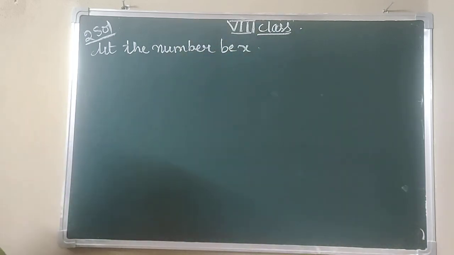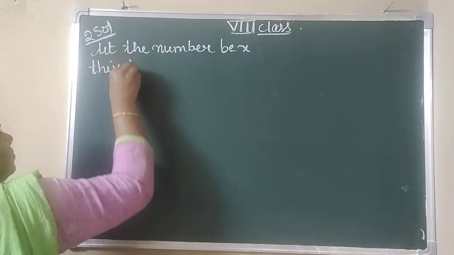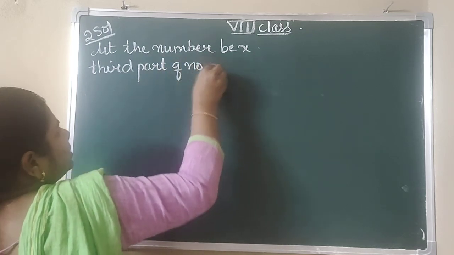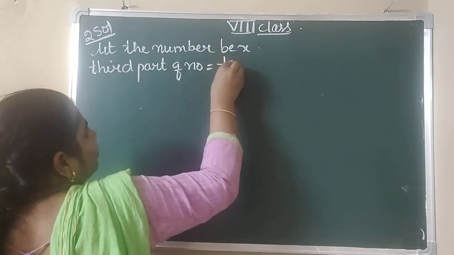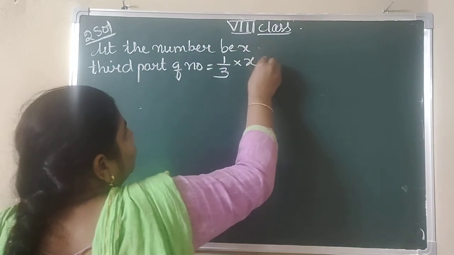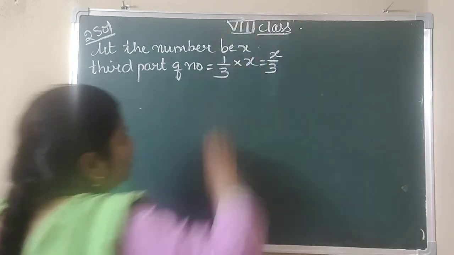Third part of a number, how will you write? Third part is 1 by 3, of is nothing but multiplication, and the number is x. So we will write it in the form of 1 by 3x, or it can be x by 3.